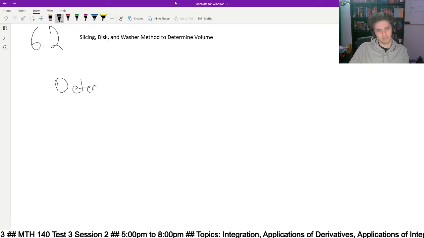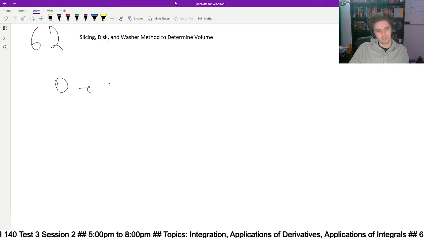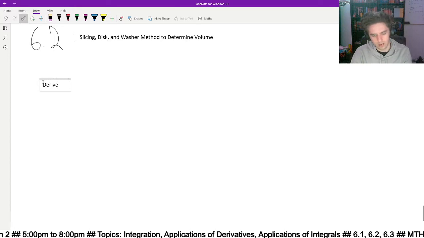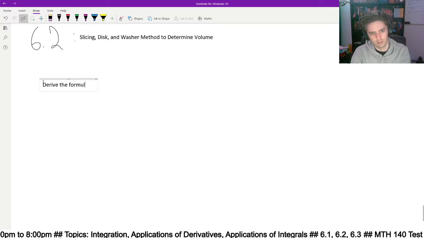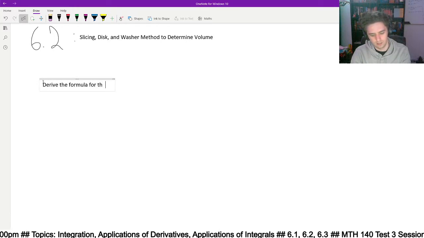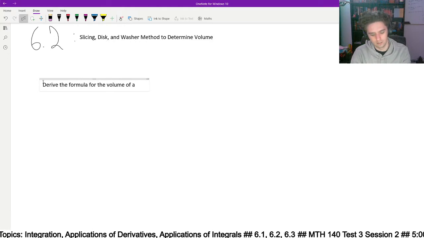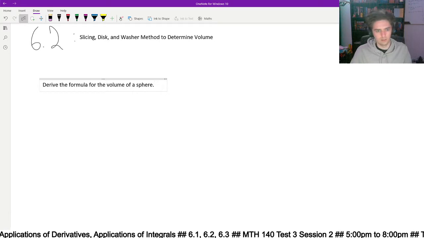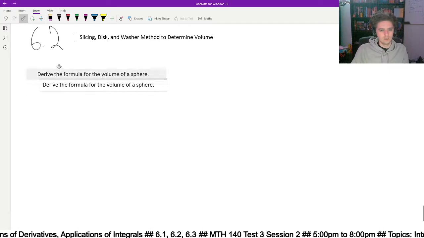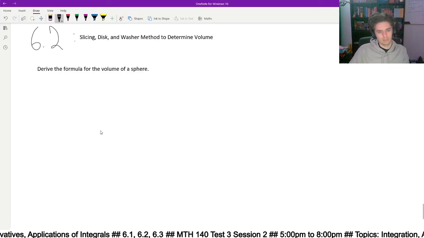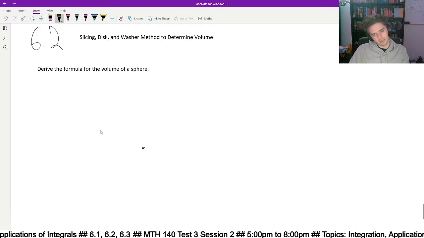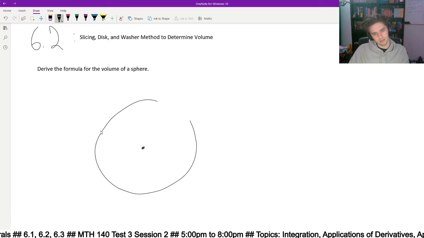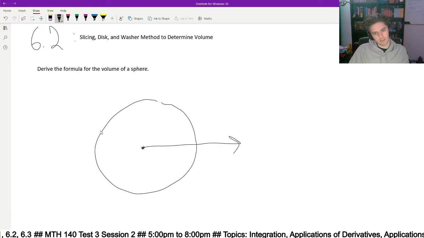So it's determine or derive. I'll type it. Derive the formula for the volume of a sphere. Okay, to do this, we have a sphere centered at 0, 0, right? A cross section of it would look like this.